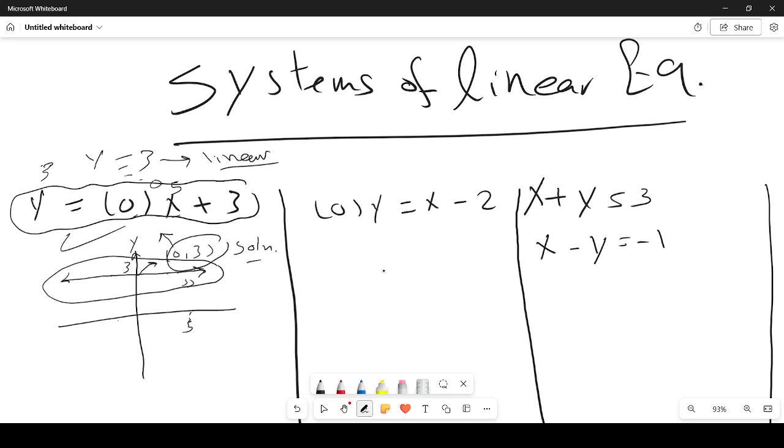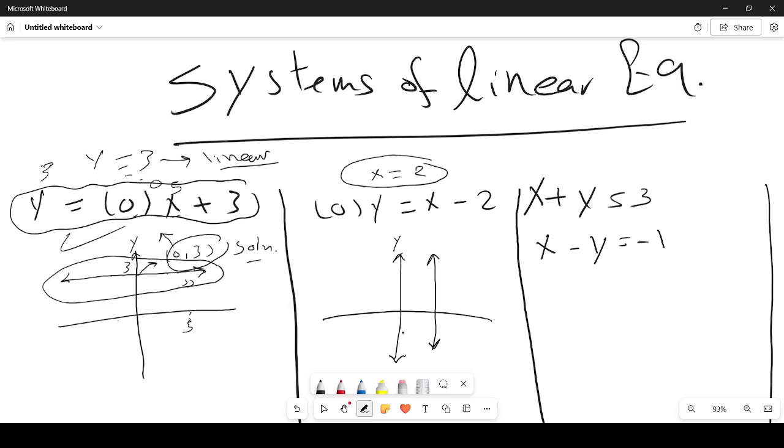The same thing goes here. If we graph this, it means 0 multiplied by y equals x minus 2, so x equals 2. This is the final form of the equation, and it is presented by a vertical line parallel to the y-axis.